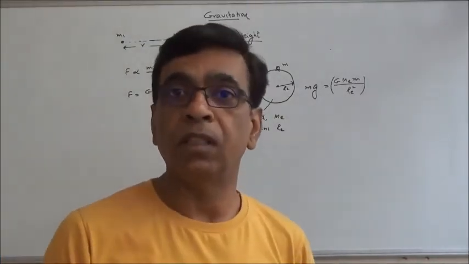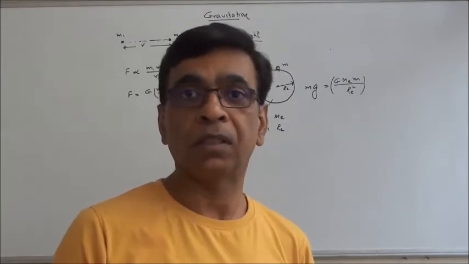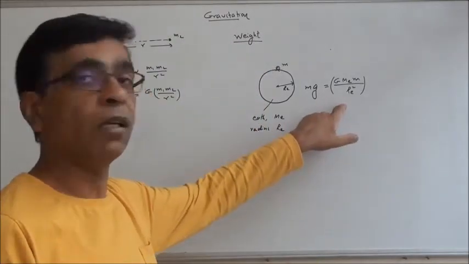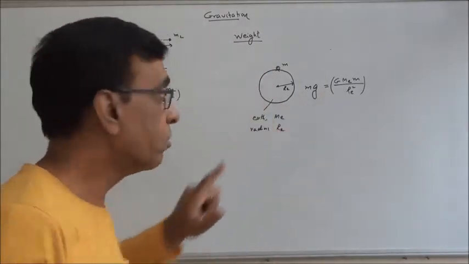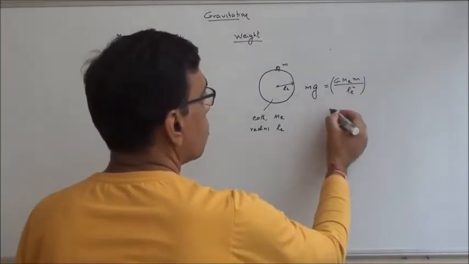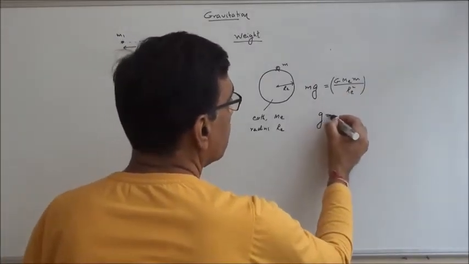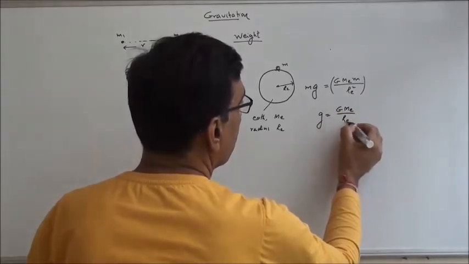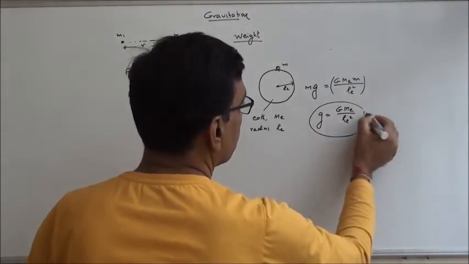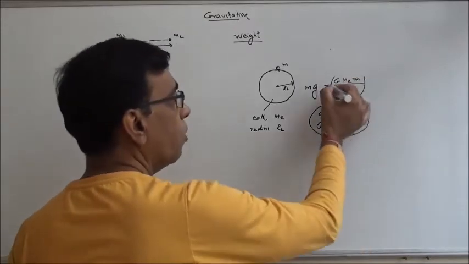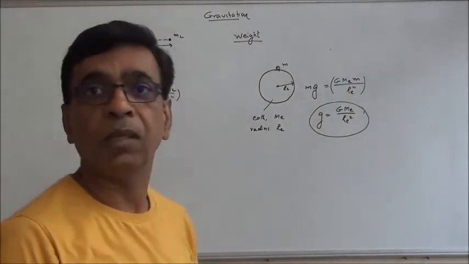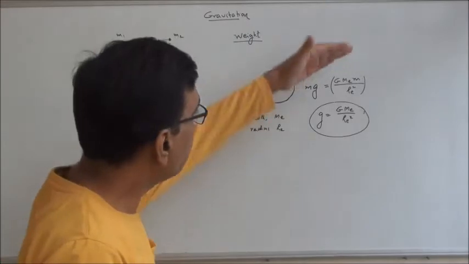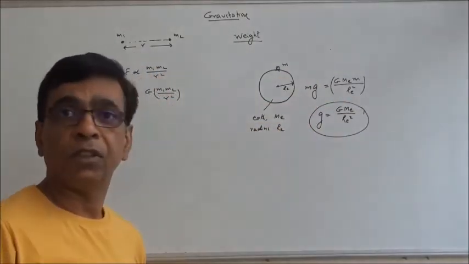So the weight mg that we have used in earlier topics, this is that m into g. So from here we get the value of g as G Me upon Re square. So the weight of an object is the gravitational force G Me m upon Re square, and from here we get the value of gravitational acceleration too.